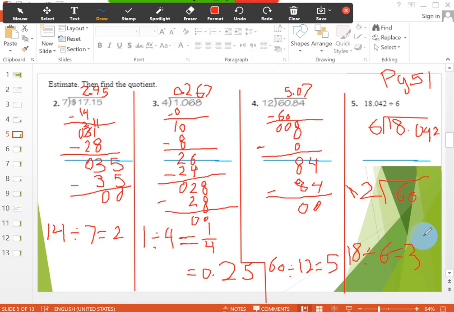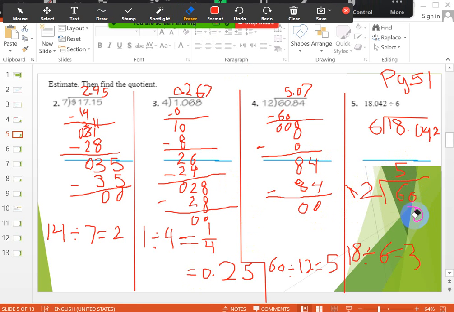Or you can find which number I will multiply by 2 so that the ones digit will be 0. If you multiply 5 by 2, it will be 10, right? So the ones digit here is 0. This is how you will know it, okay?